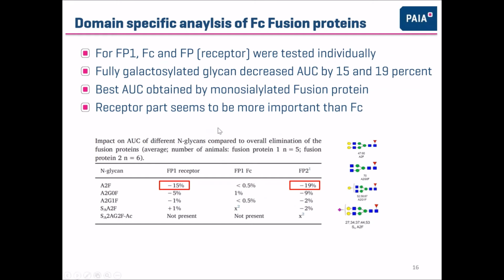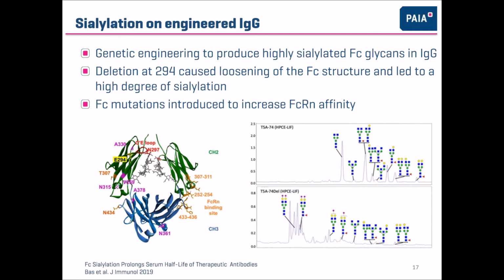Yeah, so that's what I wanted to show you about Fc fusions, and now I want to move on to sialylation of IgG, which is something that people haven't looked much into, and so I found this quite interesting. This paper, also from this year, was aiming at the production of highly sialylated Fc glycans in IgGs through genetic engineering, and what these people did was introduce different changes in the Fc part.